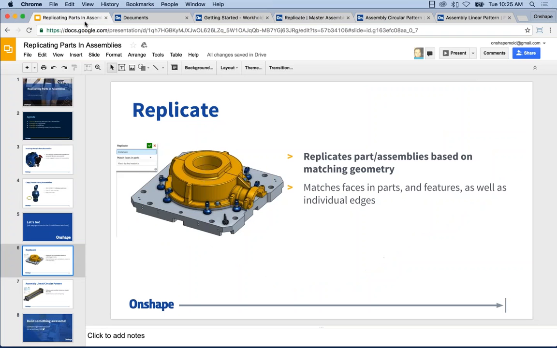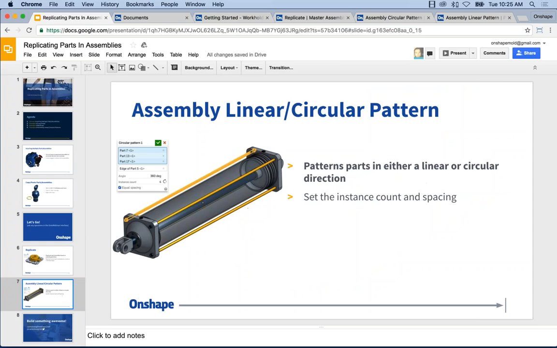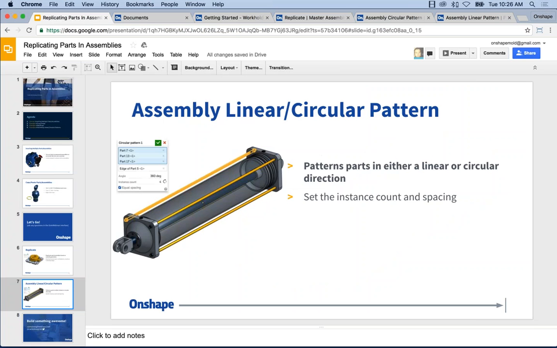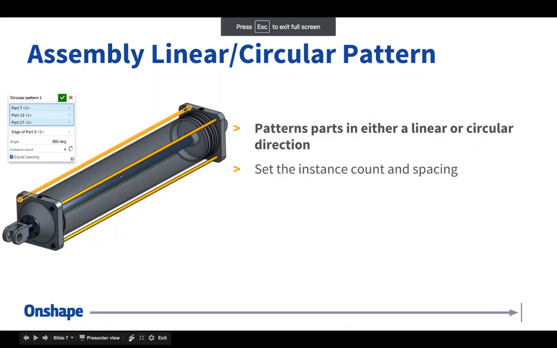The next things that I want to get into are the assembly circular and linear pattern. So just bear with me for a second here. This is what a lot of users are currently familiar with in a lot of other CAD systems, just a simple way of saying, I want to take this part and pattern it a certain distance or around a certain cylindrical edge or face a certain number of times.